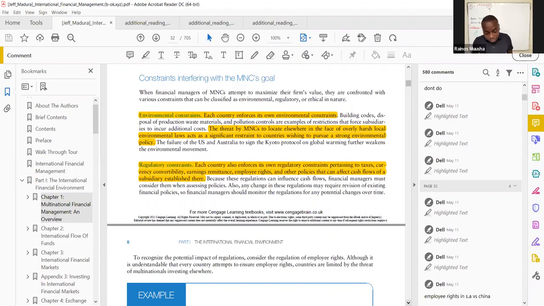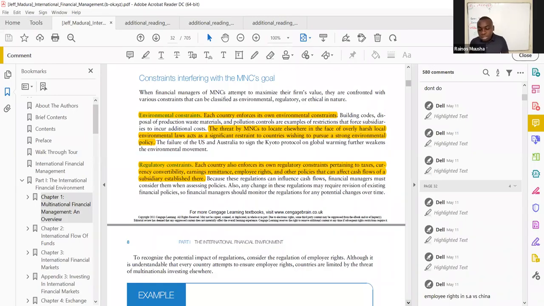And when it comes to the environmental constraints for multinational corporations, you are finding it quite a lot, especially when you look at Africa, where historically we know that multinational corporations were able to do as they wished with very little constraints when it comes to the effects on the environment.